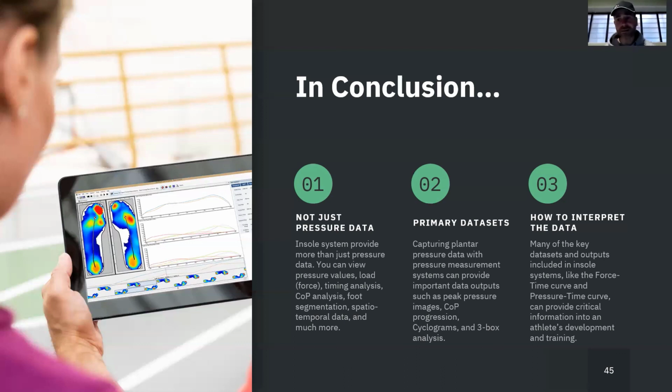The last aspect is related to how to interpret the data. Many of the key datasets and outputs included in the insole systems, like the force-time curve and pressure-time curve, can provide critical information into an athlete's development and training.